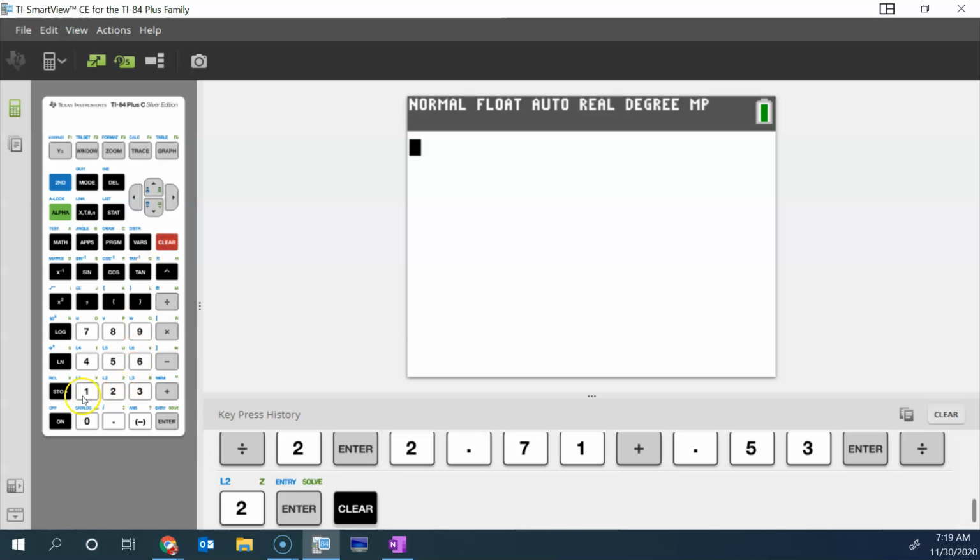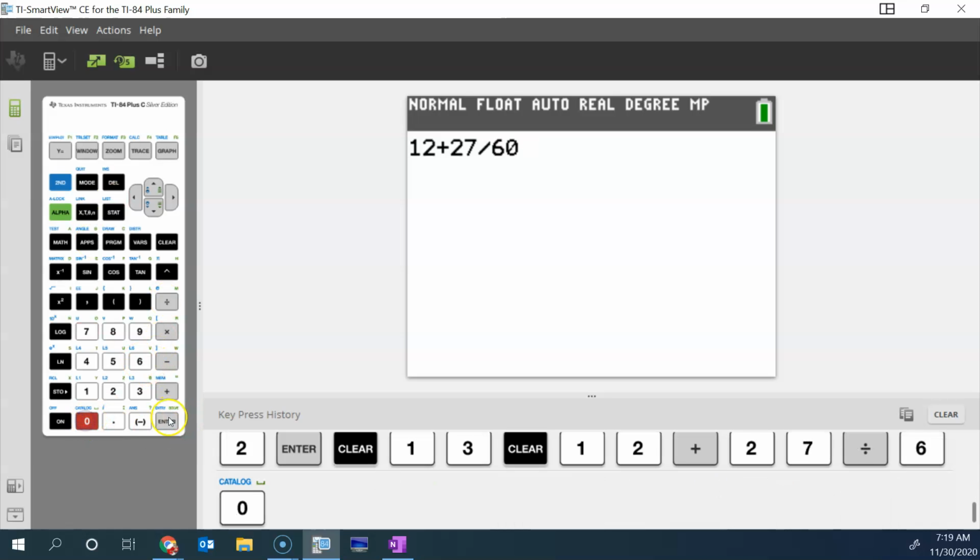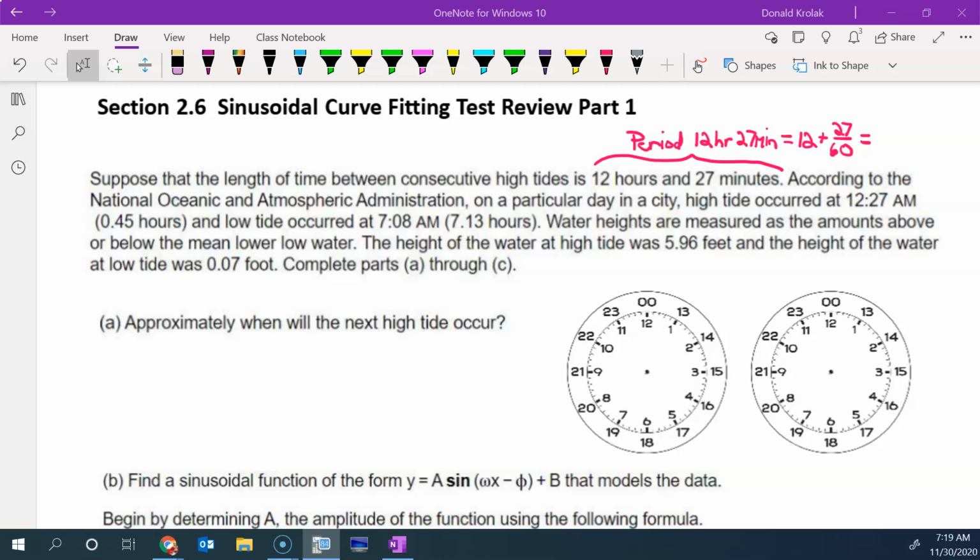Clear this guy. 12 plus 27 minutes divided by 60 minutes. Okay, and that's the period as a decimal. So this would be the same as 12.45 hours. So it's not 12.27. That's a mistake.